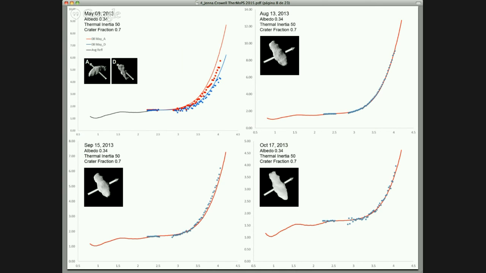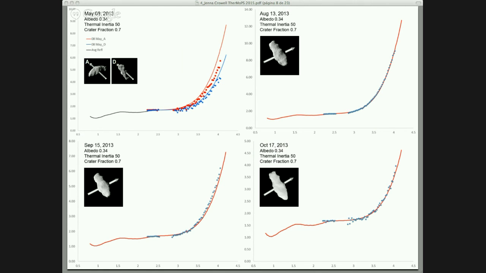But if we increase that thermal inertia, we start to see that there might be a range of compromise where maybe we're not in the range of really great fits, but it's still pretty good. Like to me, this looked like pretty good results. And then if you keep increasing where you get to the point where May fits really, really nicely, you've now gotten to a point where your fit is much cooler than what the data is. So that fit should be a little bit hotter than what it is now.